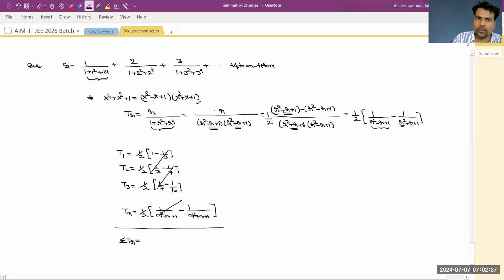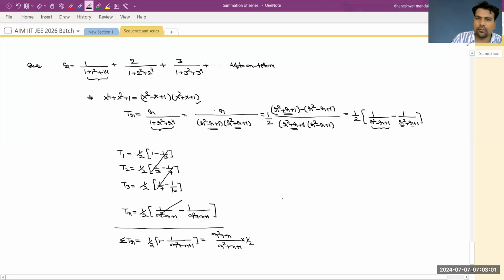All terms will be cancelled out. Only two terms will remain: one term is 1, and another term is 1 by n squared plus n plus 1. So I write this as n squared plus n divided by n squared plus n plus 1, multiplied by 1 by 2.